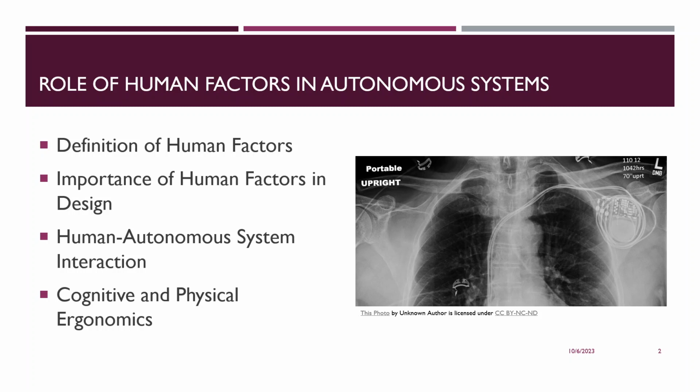Now, as it relates to autonomous systems, if you look at the X-ray here, I probably have an autonomous system. This isn't an X-ray of me, but one from online. It's a technological autonomous system embedded within the body that regulates metabolic functions of some kind.